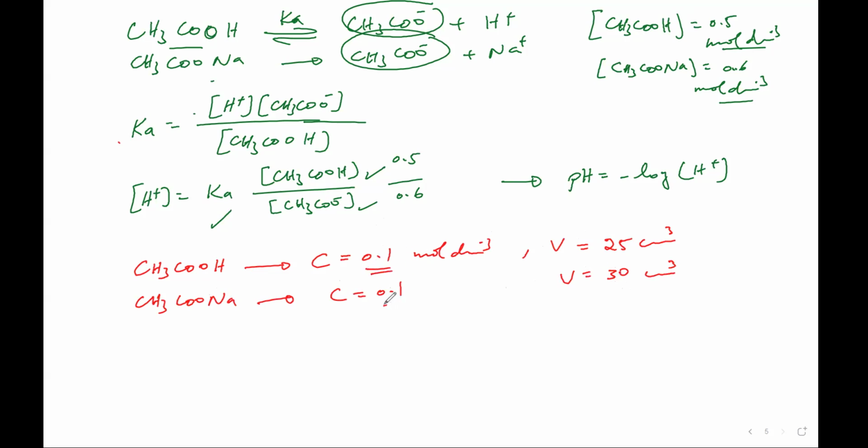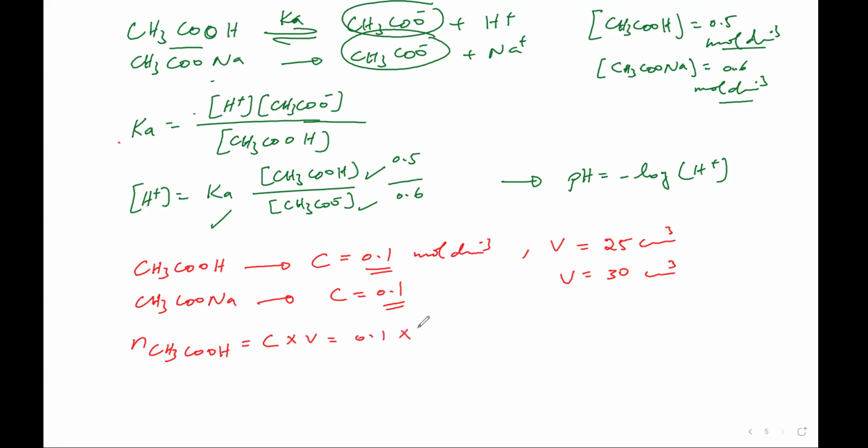So what are we going to do here? Are we going to use the concentrations that they gave us? No, because they gave us volumes. So here they can say that the total volume is, for example, 1 decimeter cube. But as they gave you the concentration and the volume for each, first you have to calculate the number of moles of ethanoic acid, which is equal to the concentration times volume.